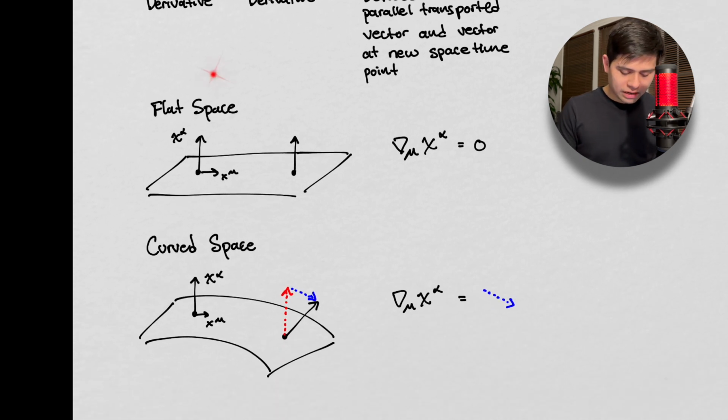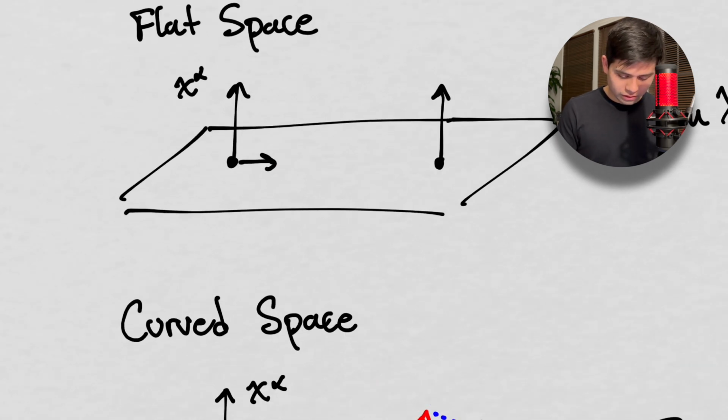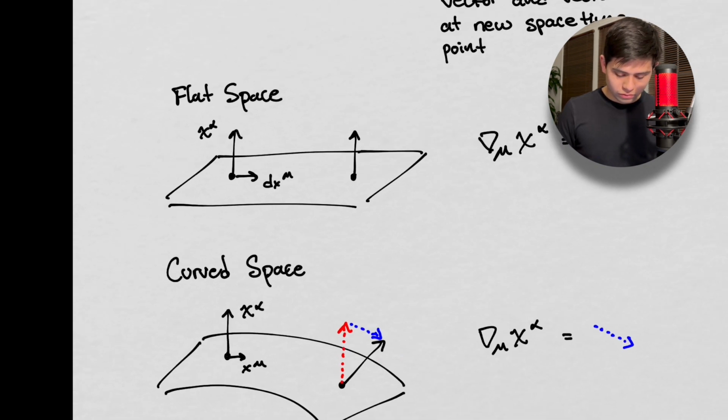Pictorially speaking, we can imagine flat space. If you're looking up in flat space, you have a vector looking upwards like this. If you move in the direction dx mu, say towards over here, this is the direction of dx mu.